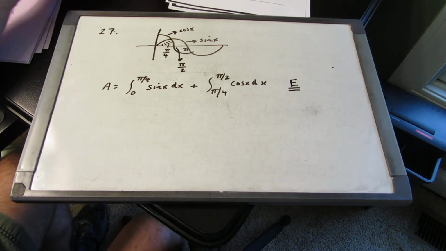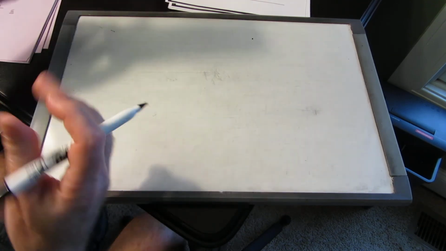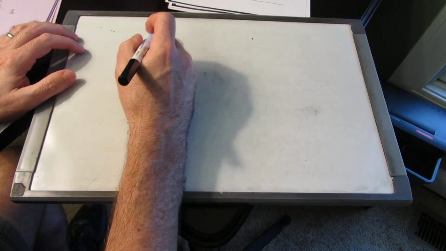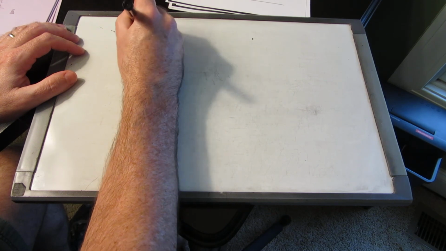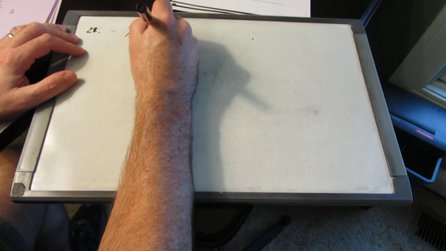Okay, and finally, number 28, we have a graph, and we want to know what is the value of the integral from 0 to 6 of f of x dx.